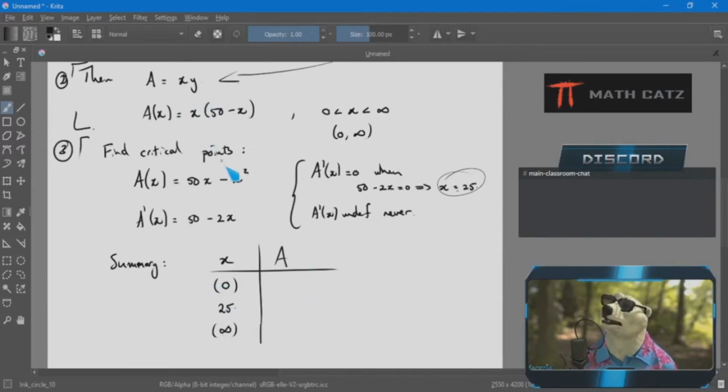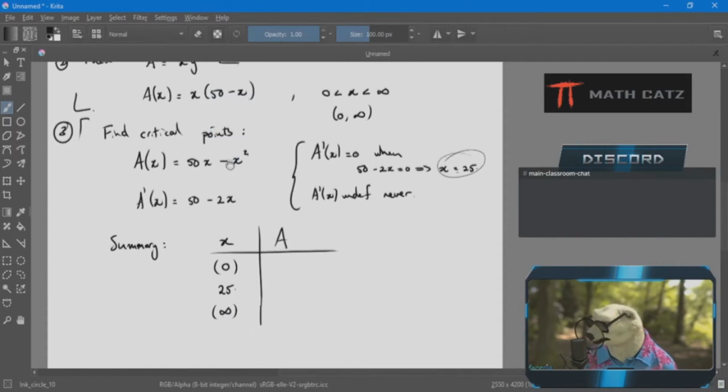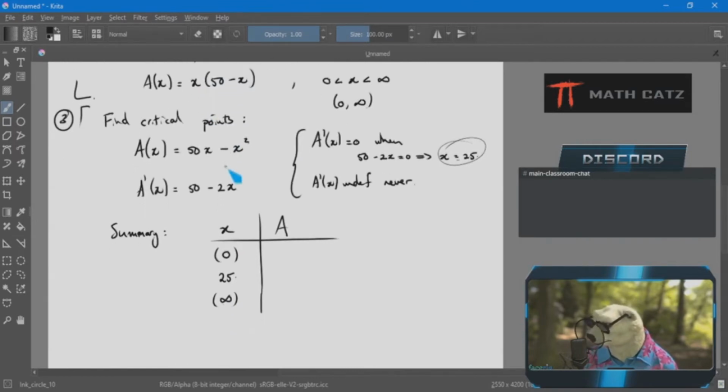So when I look at the top here, like so, and I look at my function in whatever form, the x times 50 minus x is a convenient one. As x gets closer to 0, as I'm getting to the left side of my practical interval, this first factor is going to make the whole thing approach 0 as well.